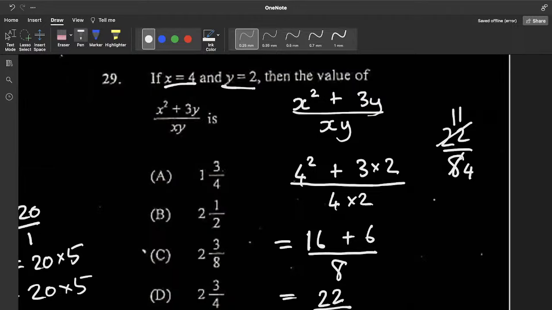So then we have 11 over 4. But now we would have to convert this into a mixed number. So 4 could go into 11 twice. The remainder for that would be 3. So therefore we'd have 2 and 3 over 4. So our answer for this is this.